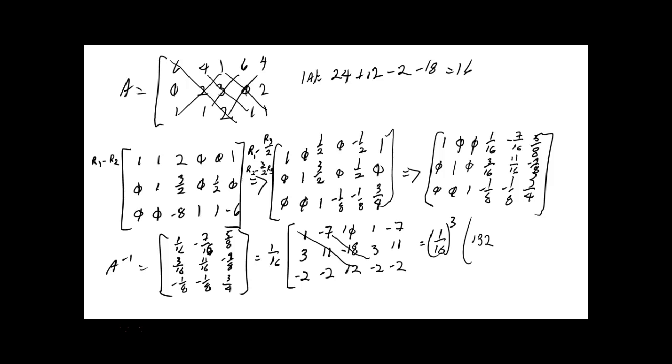Someone with a calculator, please. 252. All right, good deal. Thank you. And this will be 10, 3, negative 2. Negative 60. Okay.